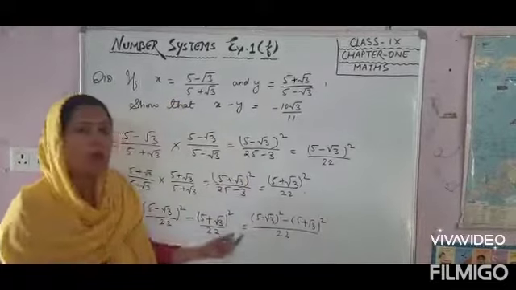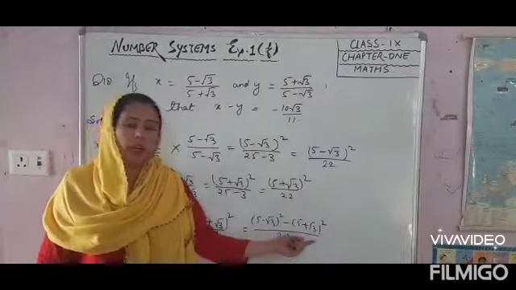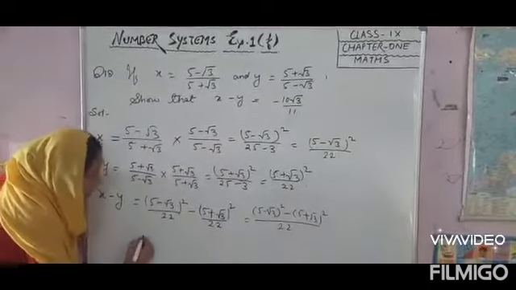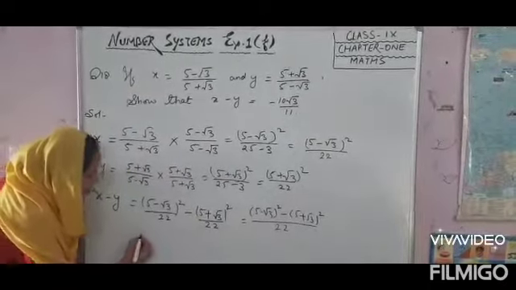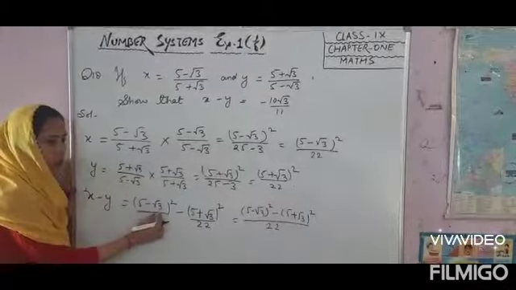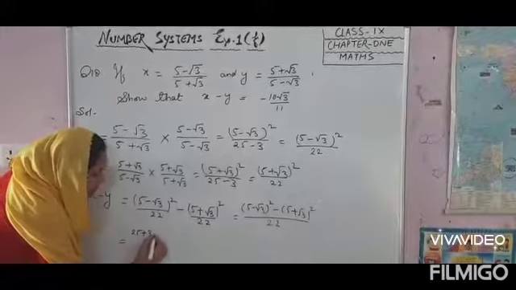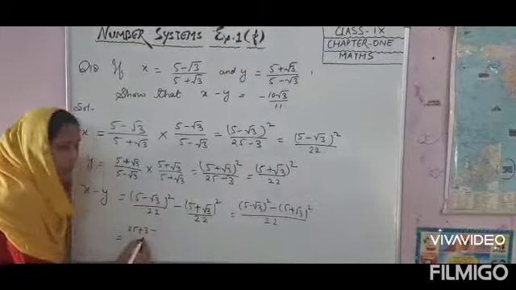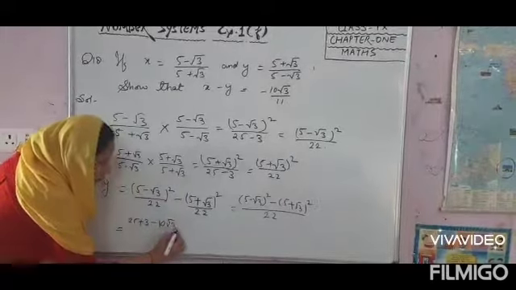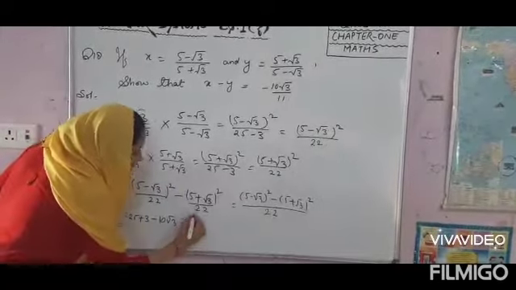We will apply the formulas of (a minus b) square and (a plus b) square. (a minus b) square will be a square, meaning 5 square is 25, plus b square, root 3 square is 3, minus 2ab, 5 2s are 10 root 3.